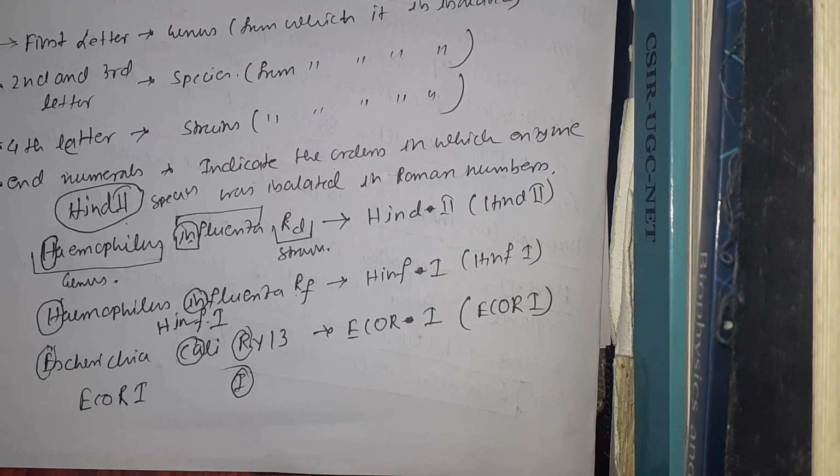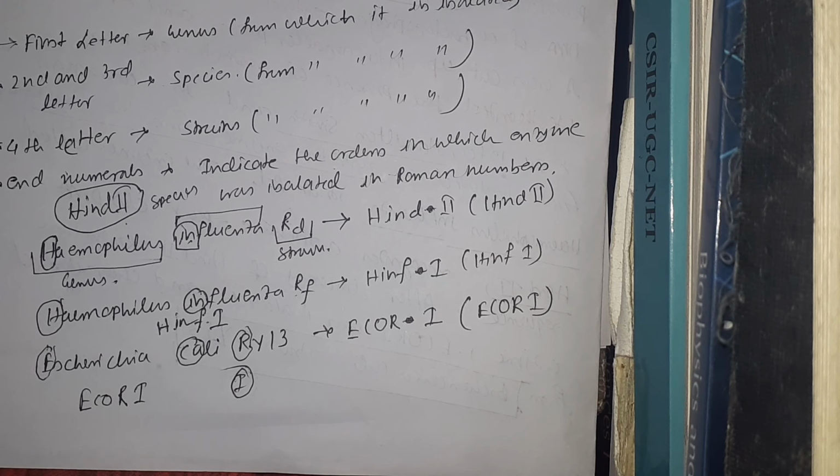So restriction endonuclease, again let's revise that. A restriction endonuclease is simply an enzyme that is in general isolated from bacteria, and it has the ability to cut a specific double stranded DNA into fragments after it is recognized by them. That means this particular site will be considered as the restriction site, or you can say recognition site.